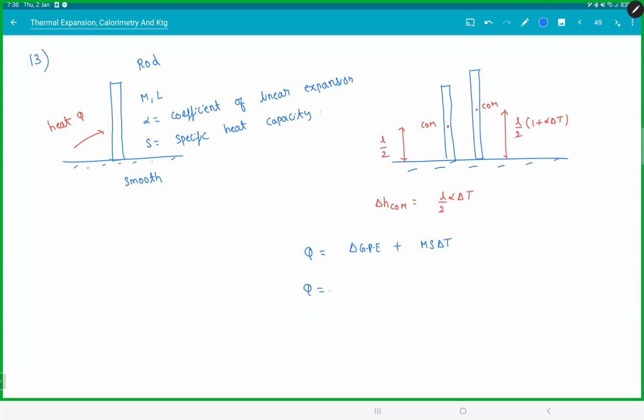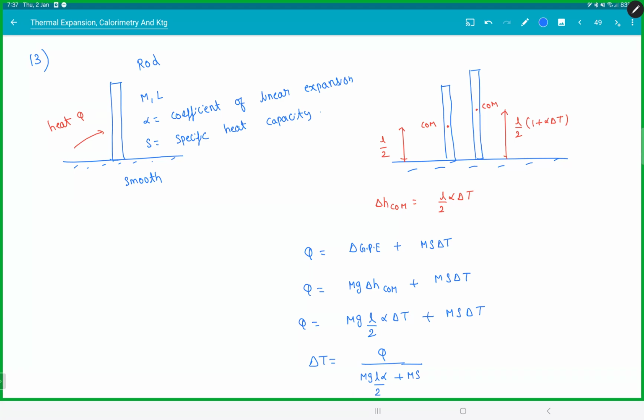So this would be mg delta h of center of mass, the potential energy, plus ms delta T. This would be mgL by 2 alpha delta T plus ms delta T. So delta T will be Q by (mgL alpha by 2 plus ms).